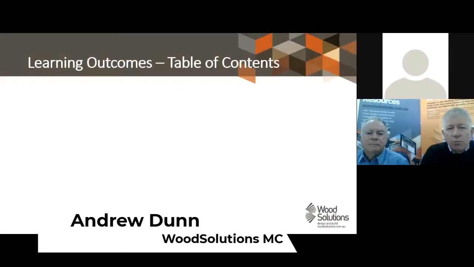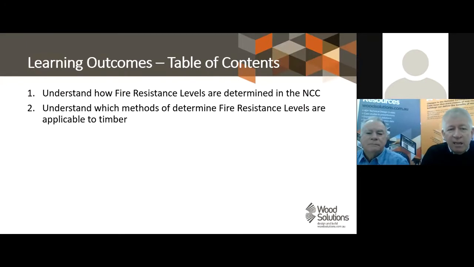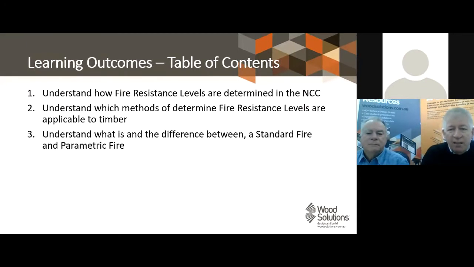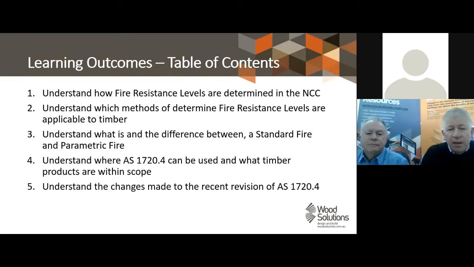What we will cover is the learning outcomes as well as a table of contents, and we'll understand how fire resistance levels are determined in the BCA, understand which methods of determining fire resistance levels are applicable to timber, and understand what is the difference between a standard fire and a parametric fire, understand where AS 1720 Part 4 can be used and what timber products are within scope, understand the changes made to the recent revision of AS 1720 Part 4.